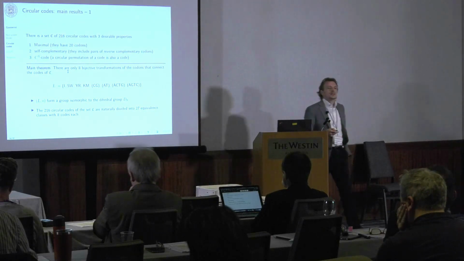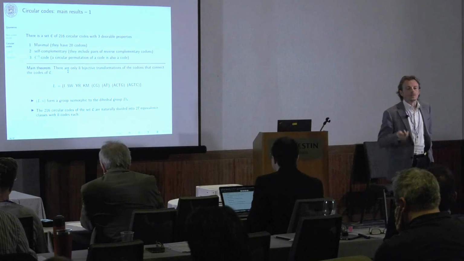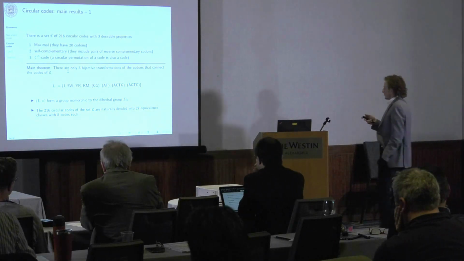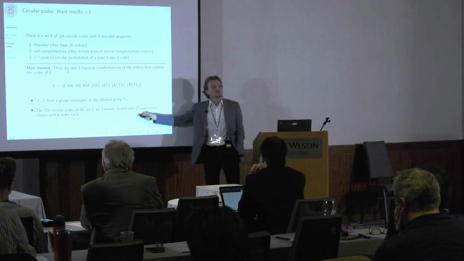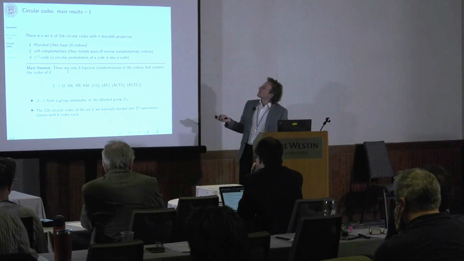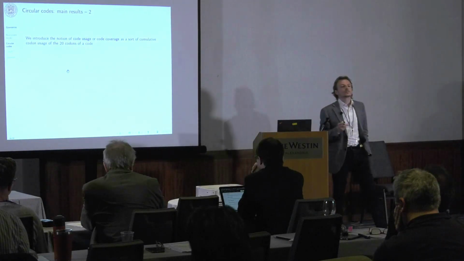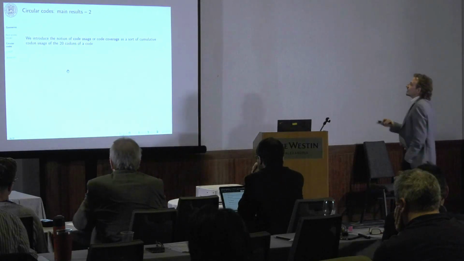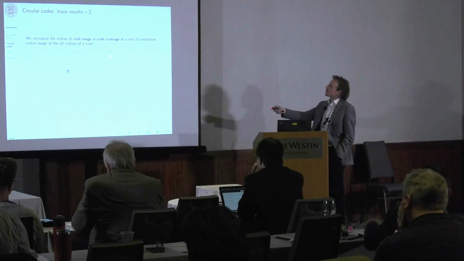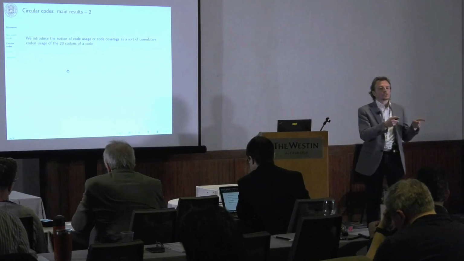You may ask whether this is just a mathematical divertissement or not. We think it's not, because besides this theorem, we were able to connect these theoretical results with experimental evidence using the notion of code usage. The idea is to pass from the codon usage to the code usage.